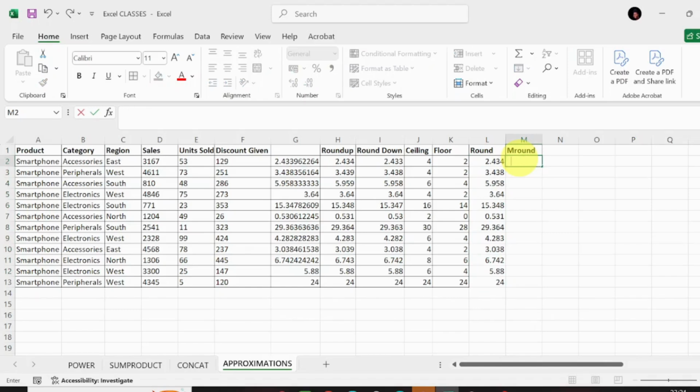For MROUND, the formula we are going to use is equals sign MROUND, double click MROUND. Now we are picking the value of the decimal we've been using, which is G2, and we want to get G2 in multiple of 2.